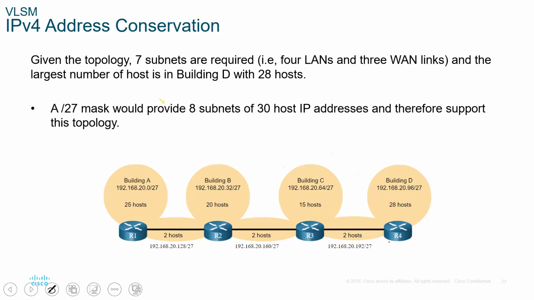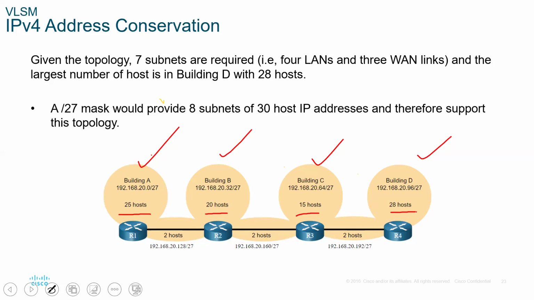That is, you have building A here, building B, building C, building D. This has 25 hosts, this has 20 hosts, this has 15 hosts, this has 28 hosts. And you say a /27 mask will provide 8 subnets of 30 host IP addresses and therefore supports this topology.